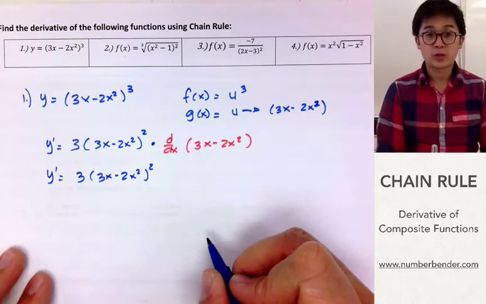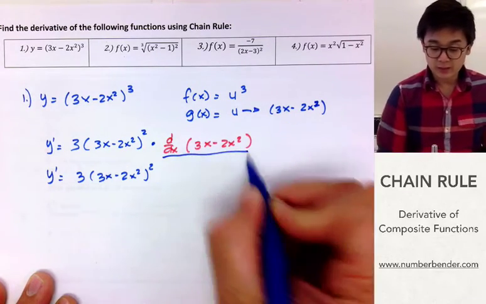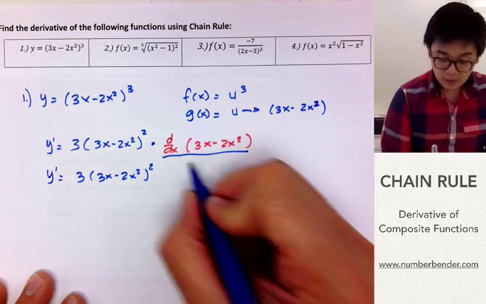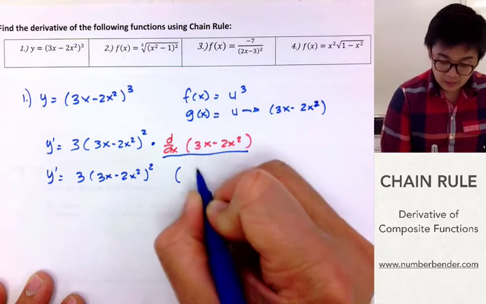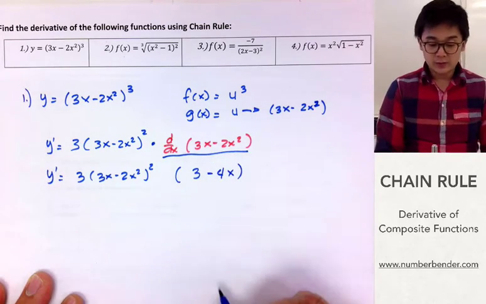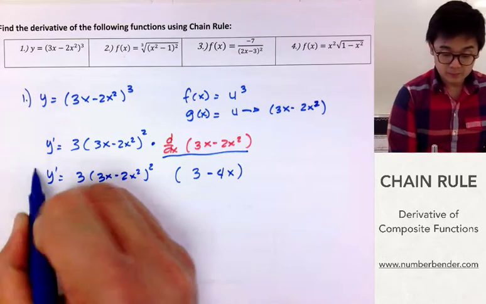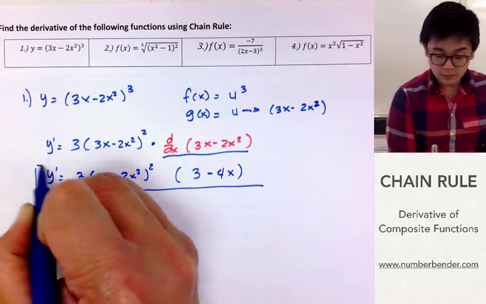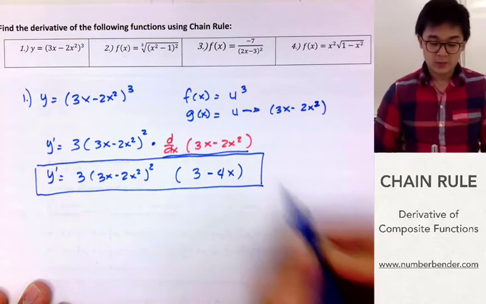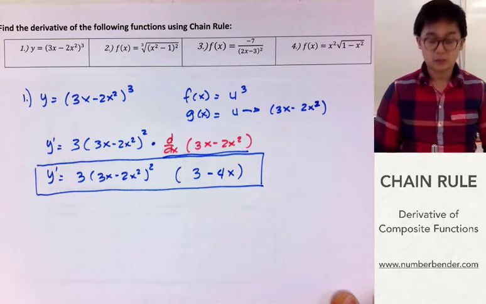So we are just going to copy the first half of our work and take the derivative of the insides, which is 3 minus 4x. So the derivative of problem number 1 is simply this function over here. That is how we use the chain rule in differentiating composite functions.